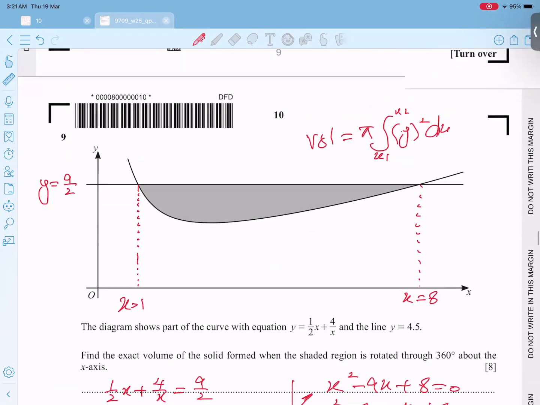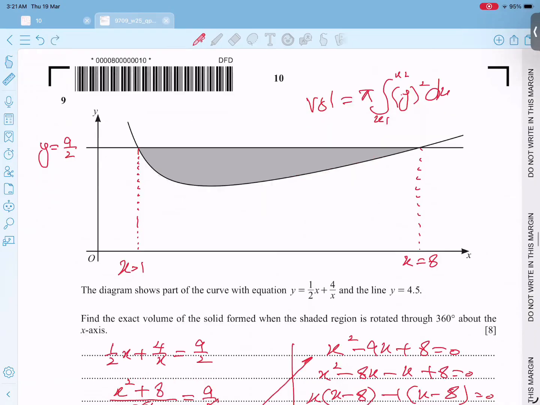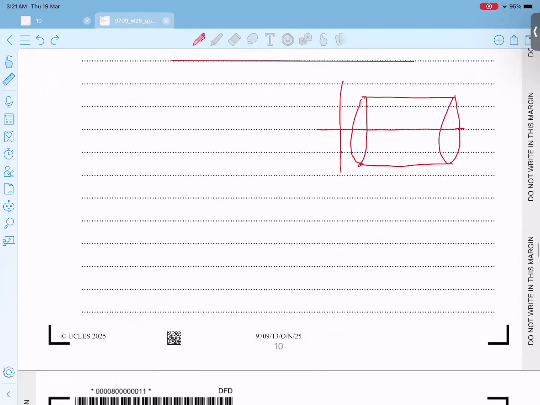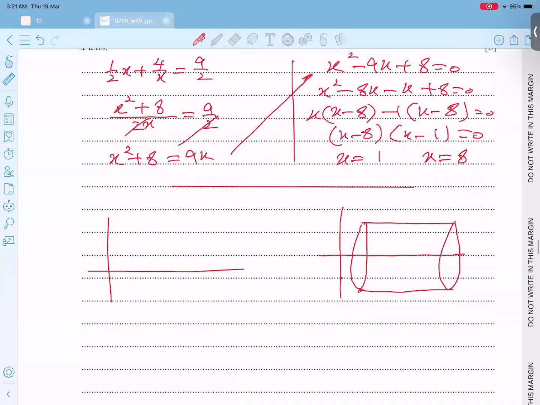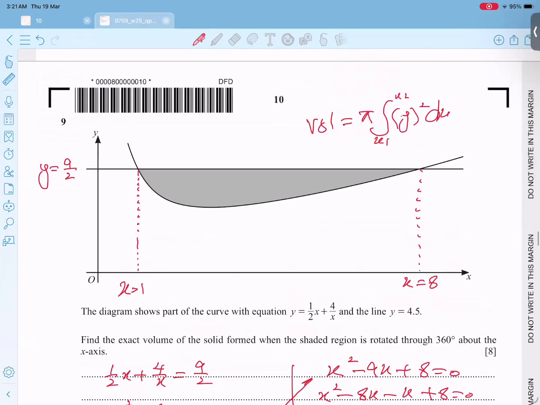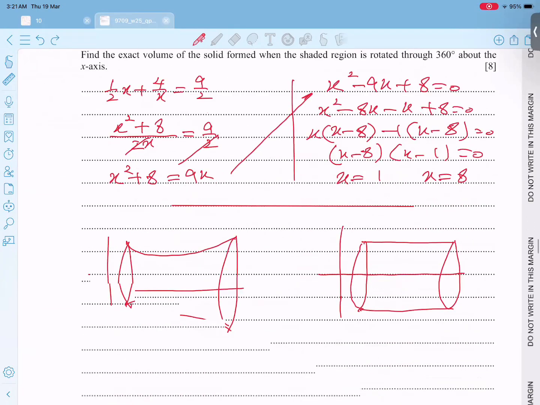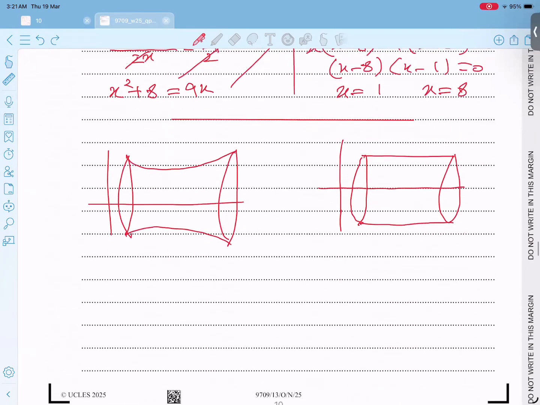And if I rotate this curve, what do I get, students? I will draw a reflection, and if I rotate it, I get this kind of bowl shape. Okay, and we have to subtract these two volumes to get this part if I rotate about the x-axis. I think you're understanding. So now let's start.